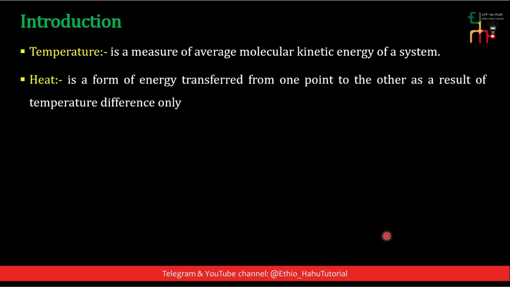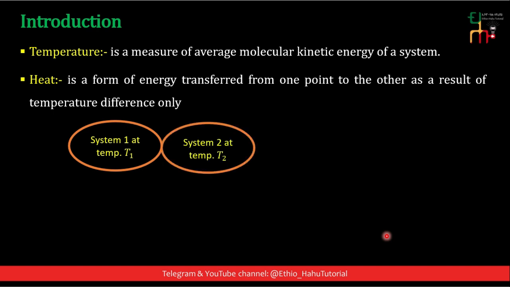If two systems are at different temperatures, heat will flow from one system to the other. Let's consider two systems at different temperatures. System 1 at temperature T1 and system 2 at temperature T2, and they are brought in contact.